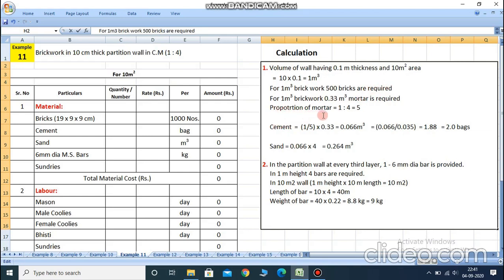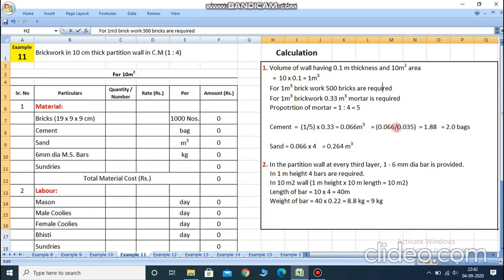And the proportion of the mortar is given in the example as 1:4. So write here 1:4. The summation of 1 plus 4 is 5. So find out the quantity of the cement, equal to 1 divided by 5, because here there is 1 part of the cement and 4 parts of the sand. So 1 divided by 5 multiplied by 0.33, so 0.066 meter cube is the total quantity of the cement required.